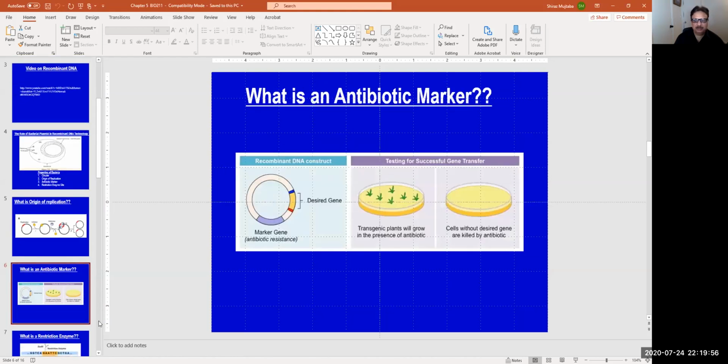The second term I discussed was antibiotic resistance. If a plasmid has antibiotic resistance, the bacteria containing this plasmid can survive in antibiotics. Let's say I get infected with streptococcus, which has a plasmid that carries resistance to amoxicillin.